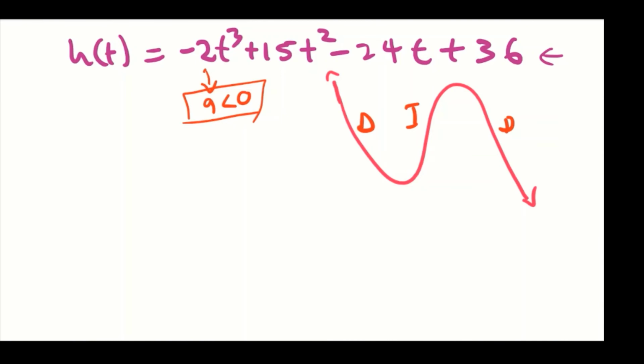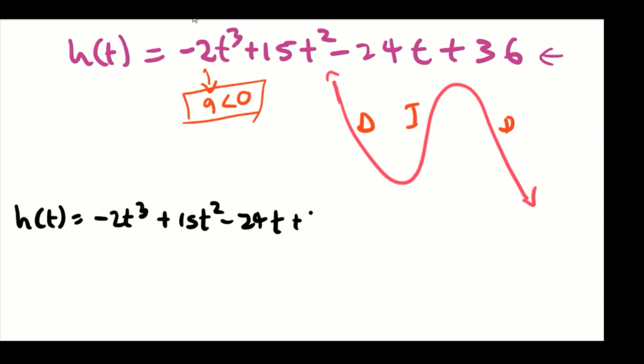So now we have our cubic function there and want to find the maximum height. The first thing we need to do is derive this. We have h of t equals minus 2t cubed plus 15t squared minus 24t plus 36.